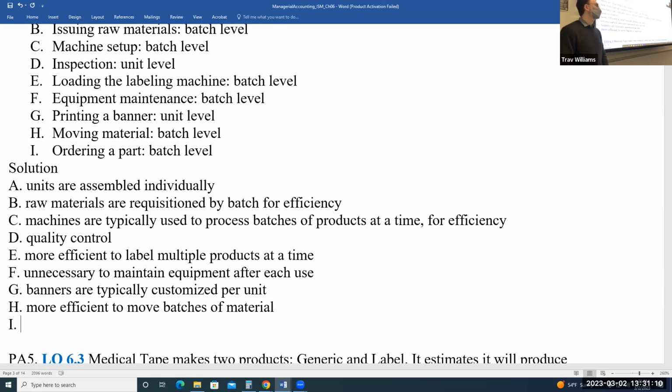Ordering parts, same thing. You know, you need a screw. You're not going to order one screw. Most companies aren't even going to sell you a single screw, especially not online. Maybe if you go into Home Depot you can buy an individual screw, but even there, they usually want you to buy a whole set.